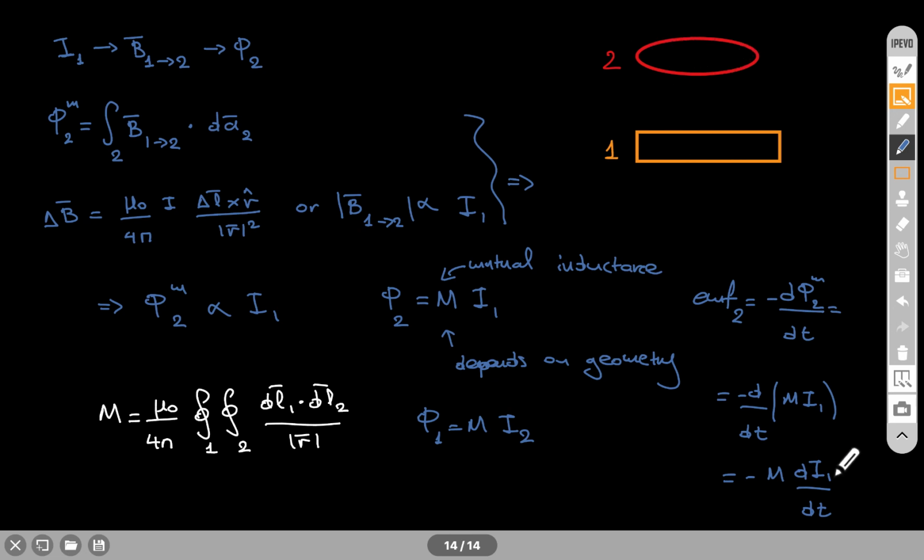If I give you, for example, a graph of the current in loop 1 as a function of time, you need to find the slope or the negative slope of that to determine the size of the induced EMF on the other loop. It's the rate of change of the current here that shows you how strong the induced EMF on the other loop will be.